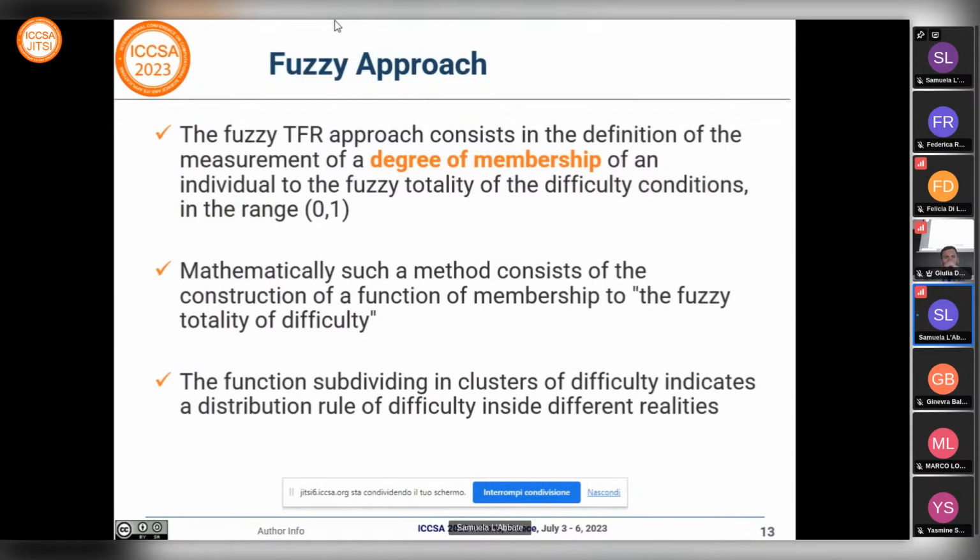So the fuzzy approach consists in the definition of the measurement of a degree of membership of an individual to the fuzzy totality of the difficulty condition in the range 0-1. Mathematically, such a method consists of the construction of a membership function to the fuzzy totality of difficulty. And the function subdividing into clusters of difficulty indicates a distribution rule of difficulty inside the different realities.